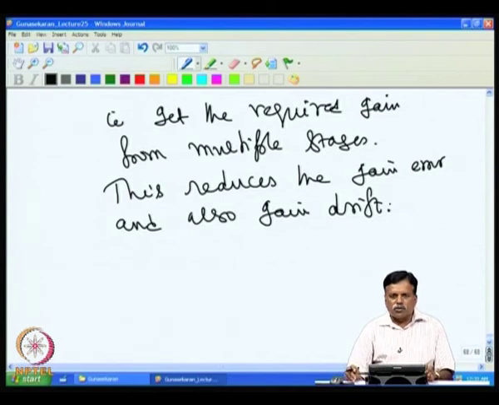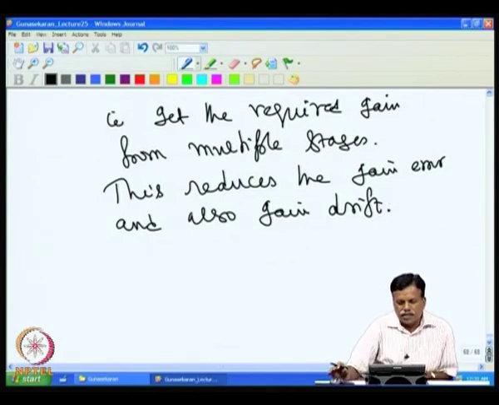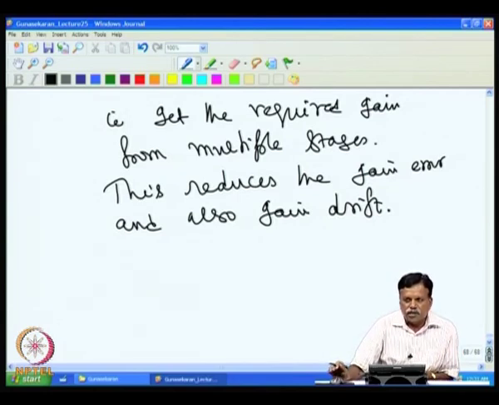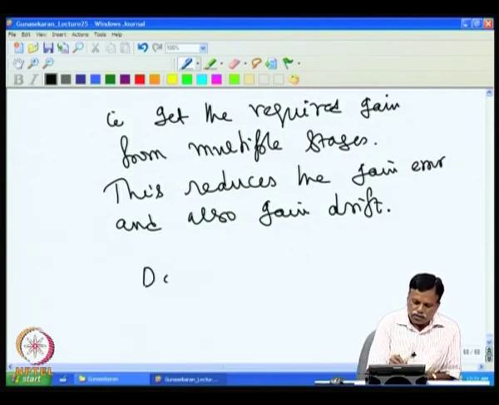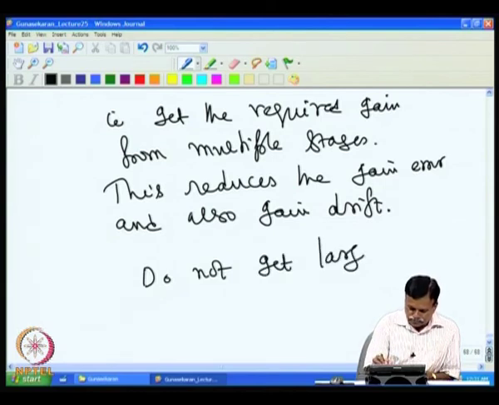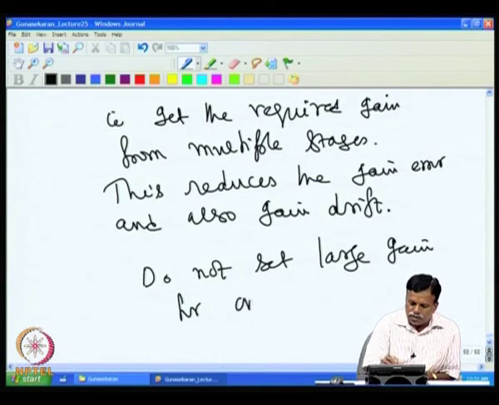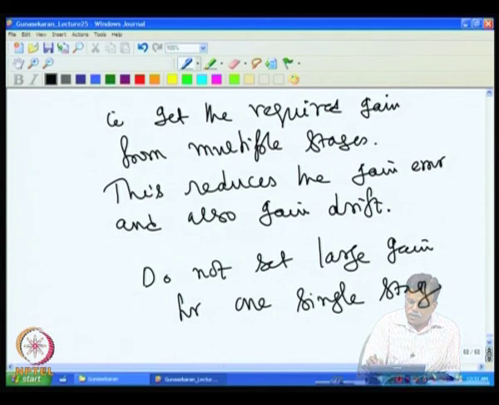That is why one should not try to get large gain in a single stage itself. If you get a large gain, then you will have gain drift as well as gain error. So, the advice is do not set large gain for one single stage.